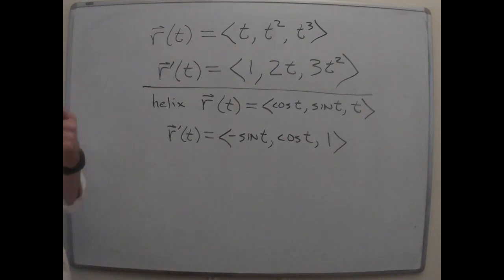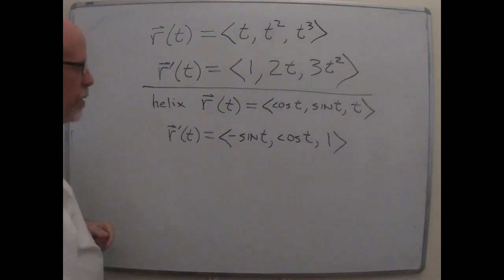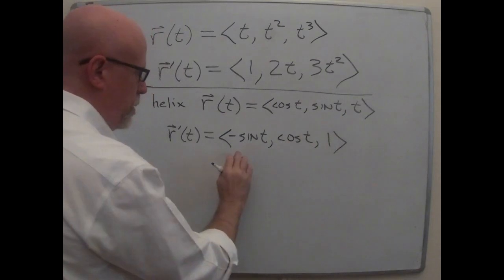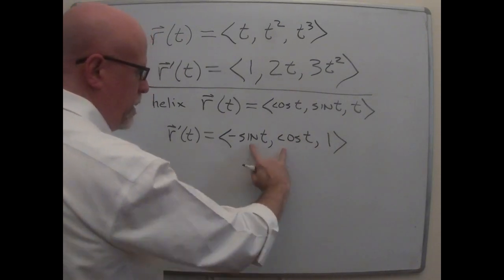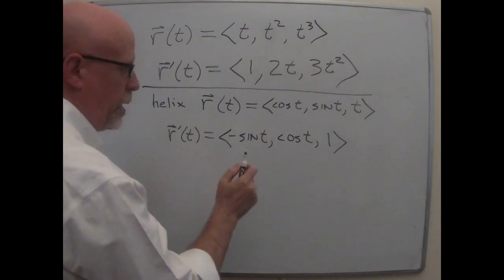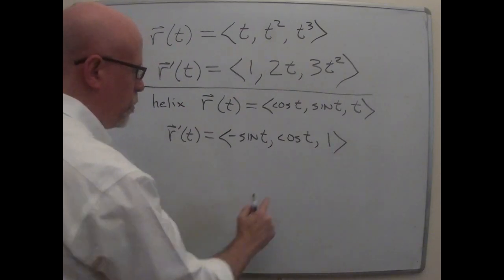So, except for the way the parameterization is laid out, this is the helix. Do you recognize what this would be? The mixture of sine and cosine tells us that we're drawing a circle and we're at a height of z equals 1.